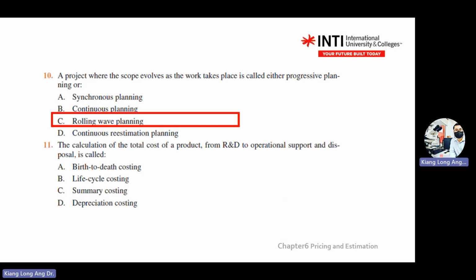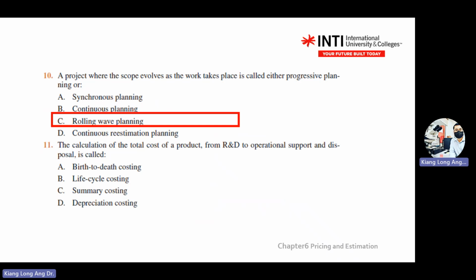The calculation of total cost of products from R&D to operation support and disposal is called what? Which one did you learn in our class? Birth to death, life cycle, summary, depreciation, costing?